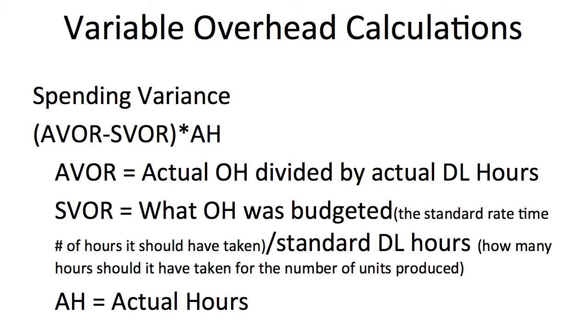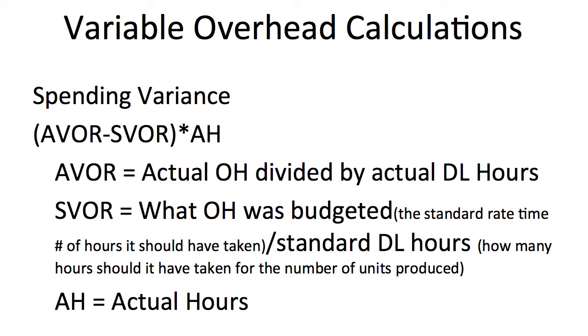Did you pay more or did you pay less? And that's why you're subtracting the two, so that you can get the difference. So once you subtract the actual variable overhead rate minus the standard variable overhead rate, if you get a negative number, then you spent less. If you get a positive number, then you spent more.